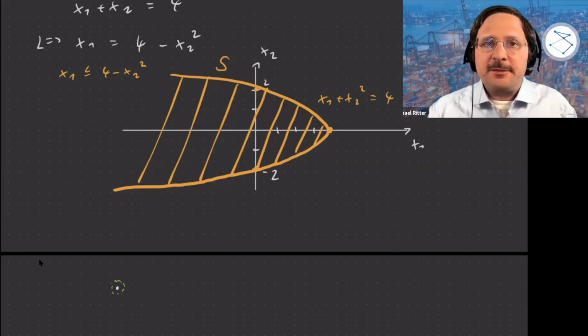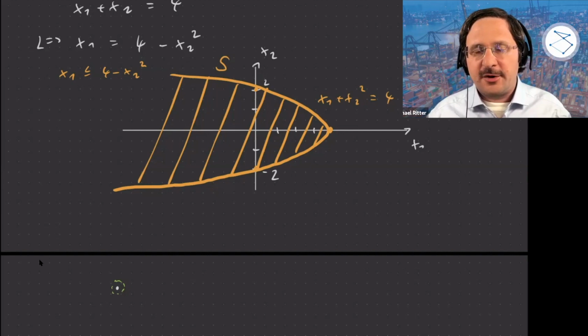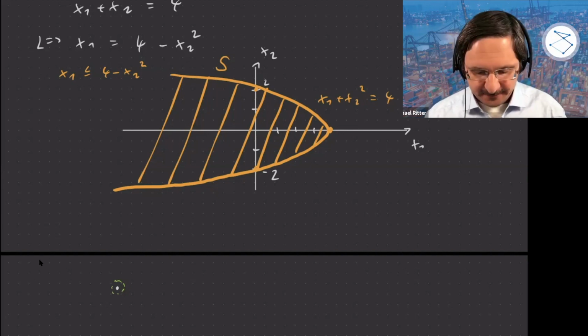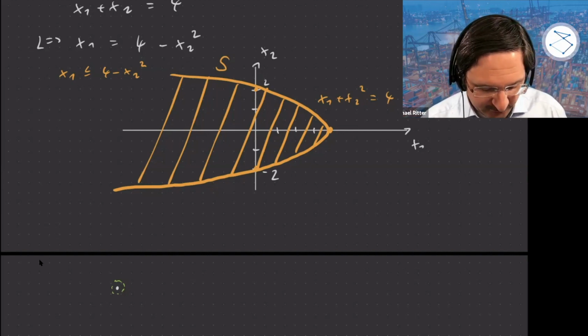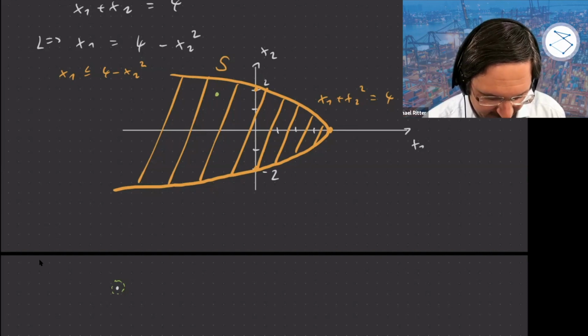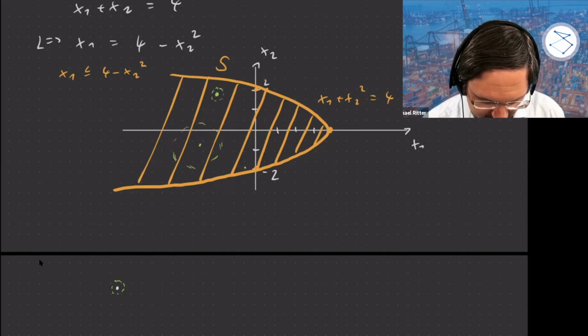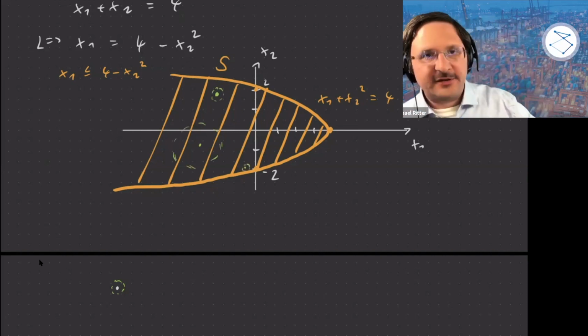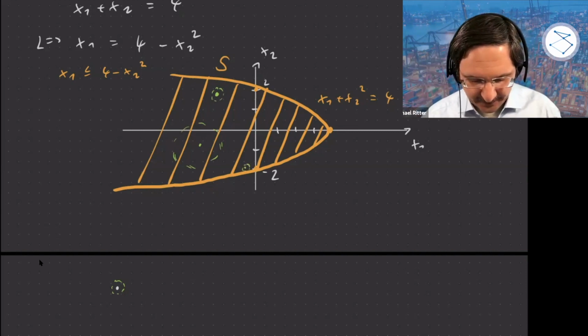There must be some disk such that it works, but I can make that as small as necessary. And of course, that holds for all the points that are somewhere in that area. This one, for example, I can draw a disk around that, or I can draw a rather large disk around that point. This one here will work. So all of these are interior points, obviously.